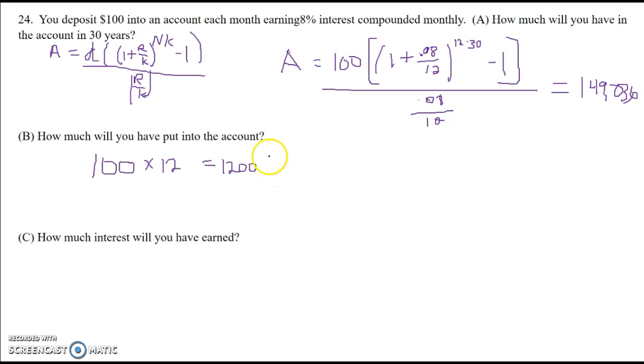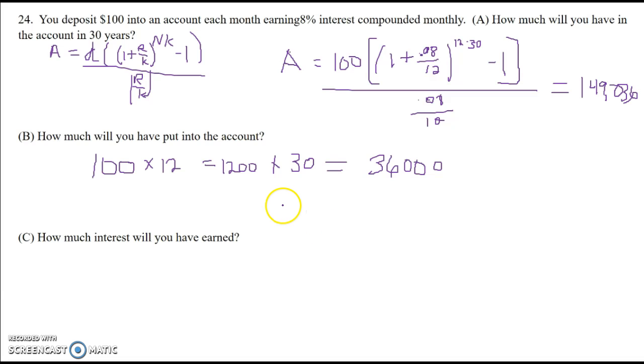And that's going to be for 30 years. So that's actually going to be 12 times 3 is 36, and 3 zeros. So that's going to be $36,000.